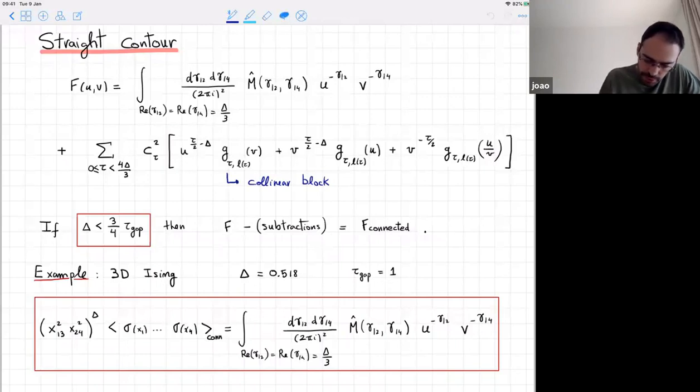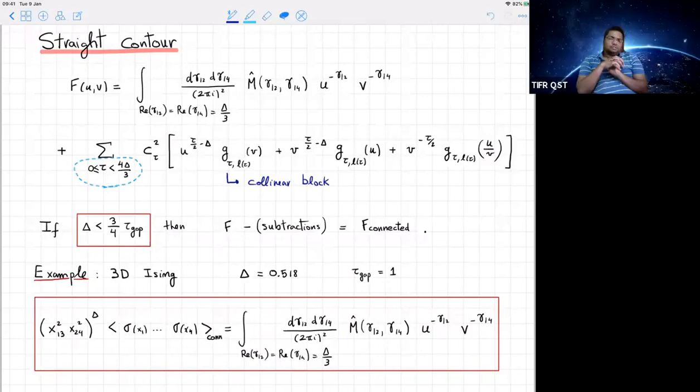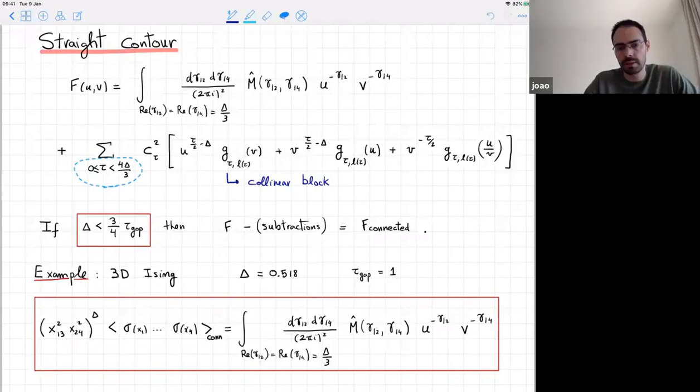The rigorous condition is this one: all twists less than 4 delta over 3, where delta is the external dimension, must be subtracted. So the only operator in the 3D Ising model that obeys this condition is the identity.